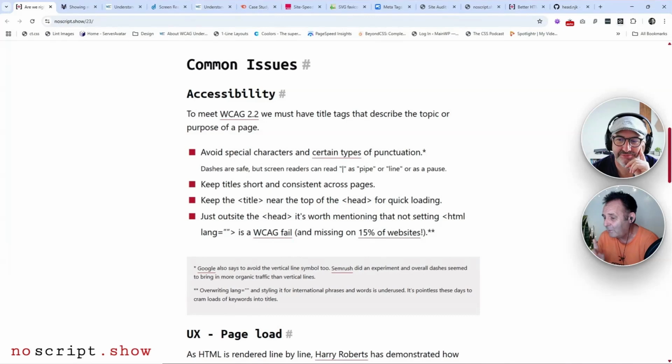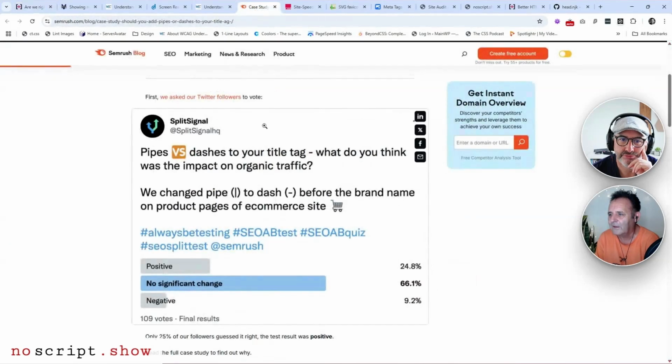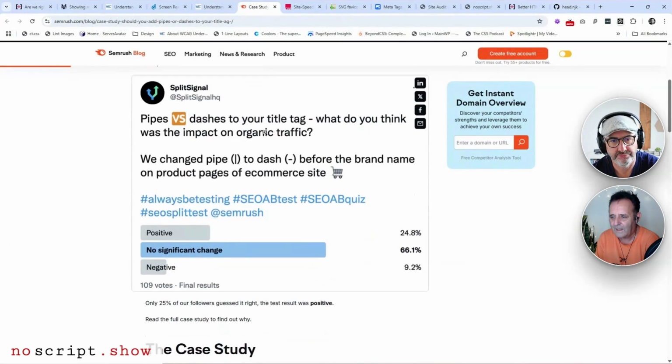But not only that, interestingly enough, Google also, and I've linked to a document where they say this, say avoid vertical lines, but I don't think they explain it. But there is a SEMrush experiment, a case study, where they changed their pipes for dashes. It's not entirely conclusive, but there was an improvement in the visitors they had to the site for doing that.